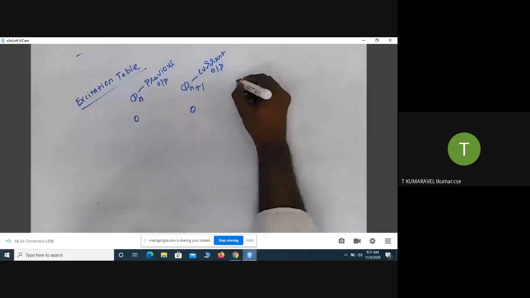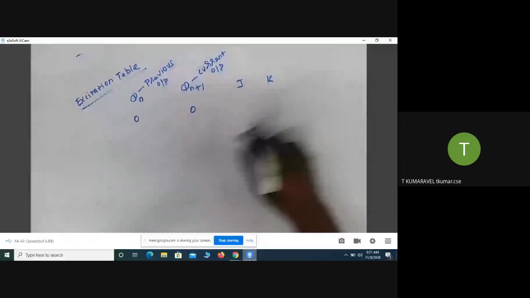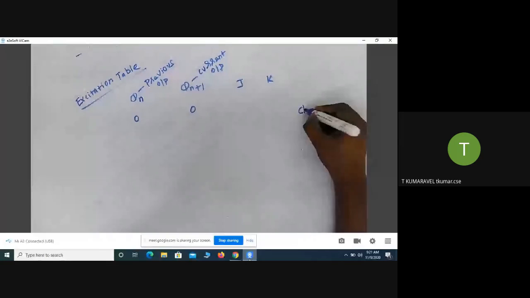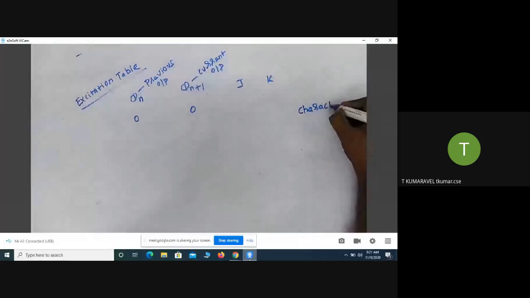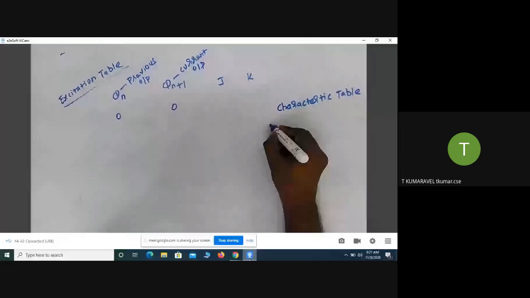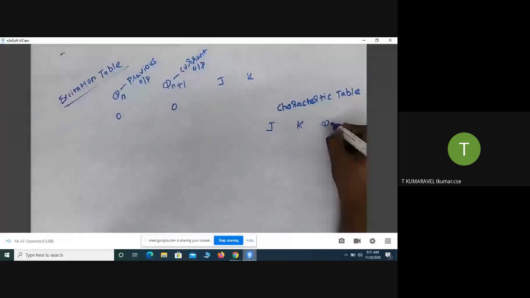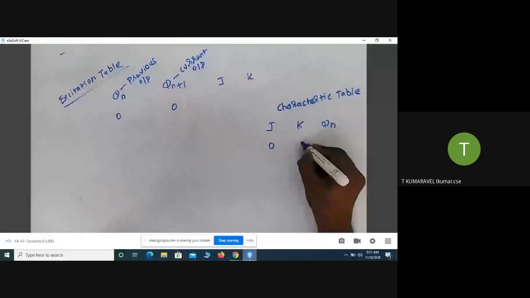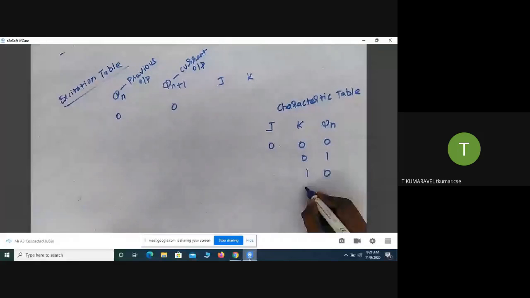In order to do that, you need the characteristic table for the JK flip flop. Already we have seen JK Q n plus 1: 0 0 0, 0 1 0, 1 0 1, 1 1 1.